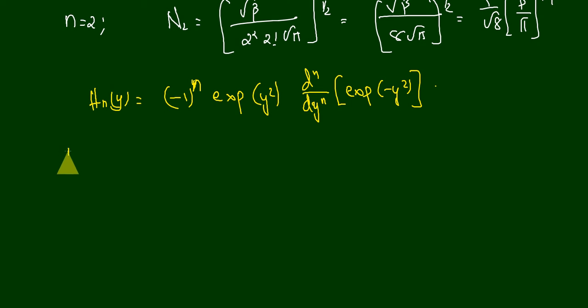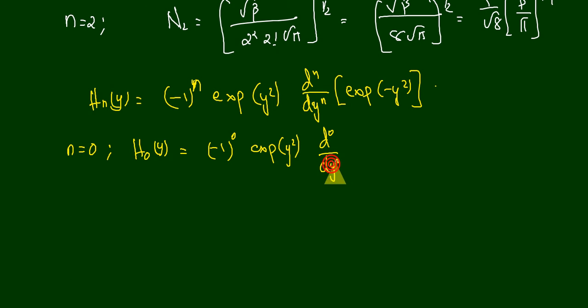For n equal to 0, we can calculate the value of Hn(y). H0(y) is equal to minus 1 raised to 0, exponential y square, d raised to 0 by dy raised to 0 of exponential minus y square.